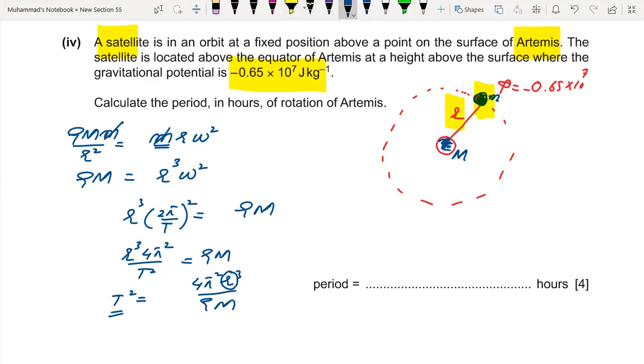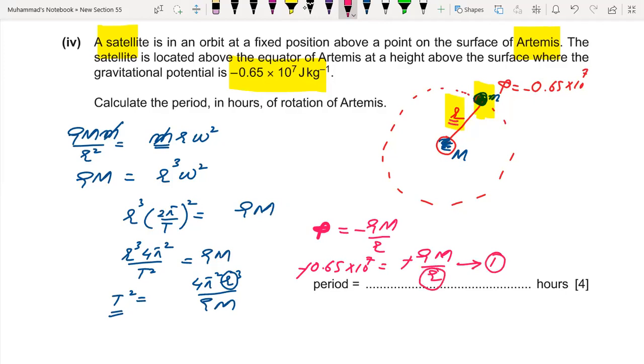You know that the formula of gravitational potential is minus GM over r. So that is minus 0.65 times 10 power 7 equals minus GM over R. From this equation we will find the radius of this orbit.